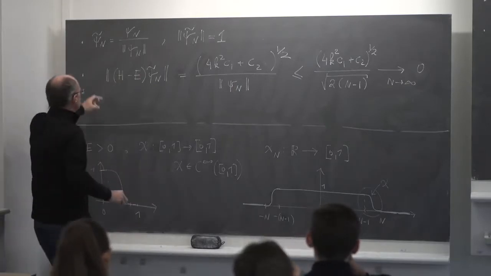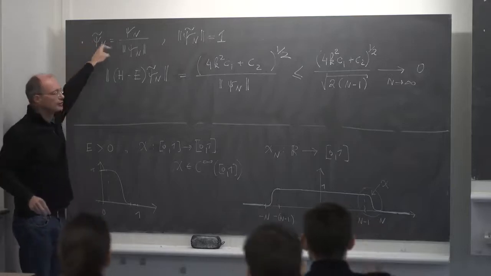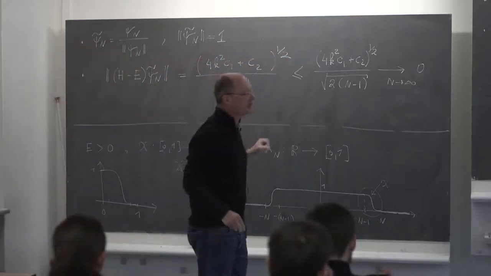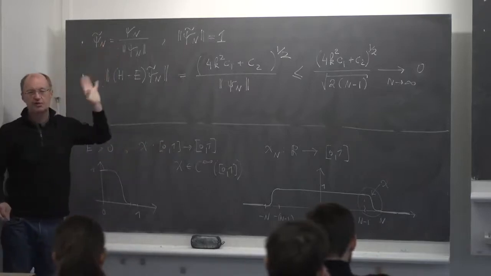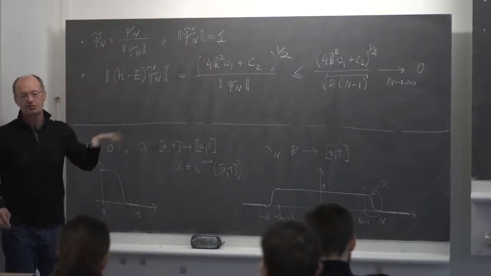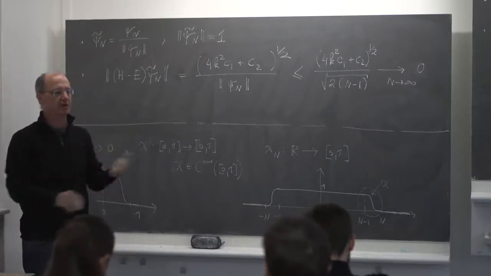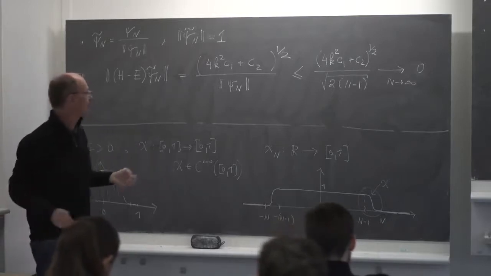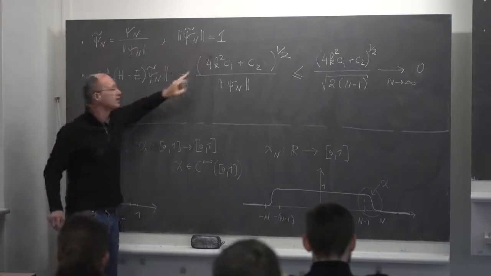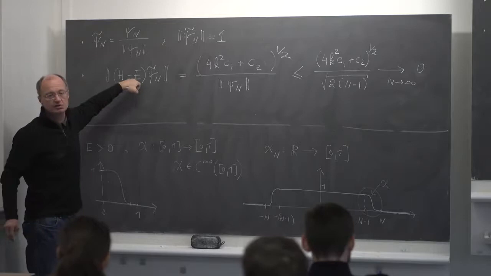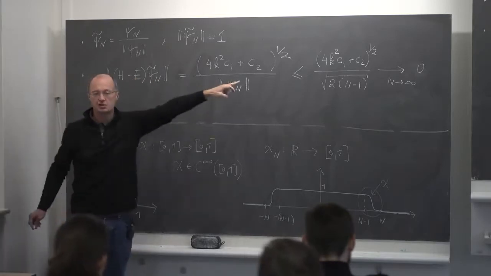So we actually constructed, out of this exponential ikx, a family of functions. Now all these functions are well in L2. They are very nice and smooth. They are in the domain of definition of everything. And so those functions all have norm 1, and H minus E on those functions tends to 0.